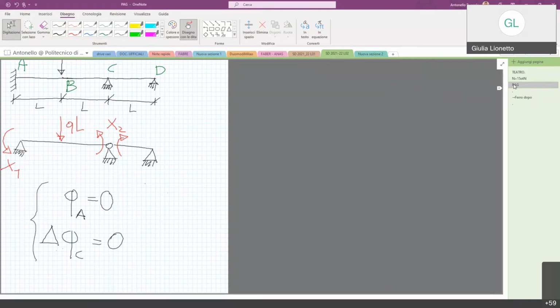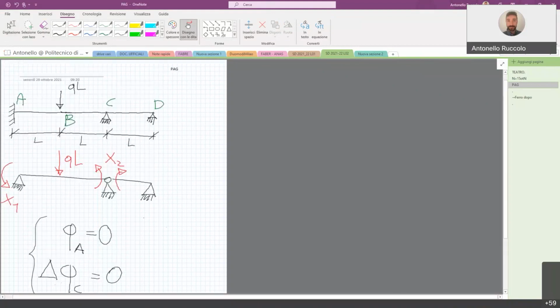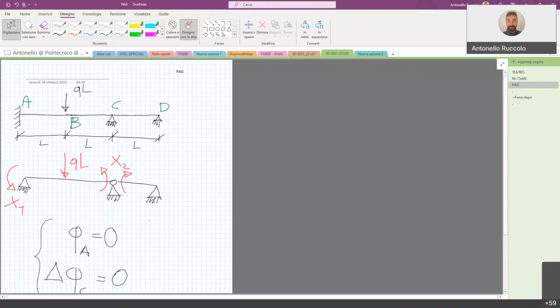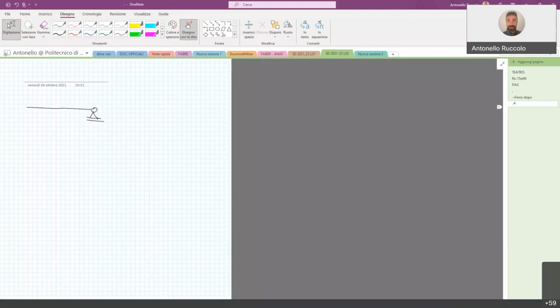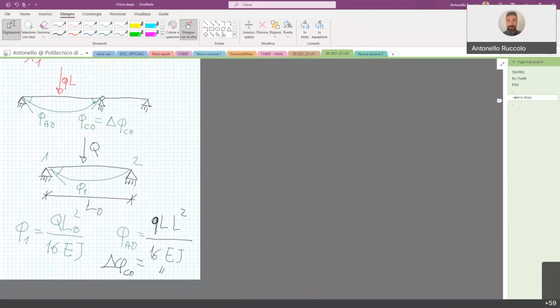Yes, this is the original structure, the first plot I was drawing, and you can see that between A and C there is 2L of length, because we have L from A to B, and from B to C we have another L. So at the end the result is 2L. Absolutely.